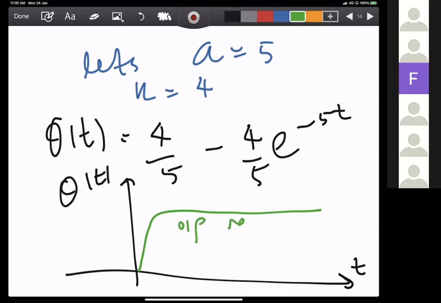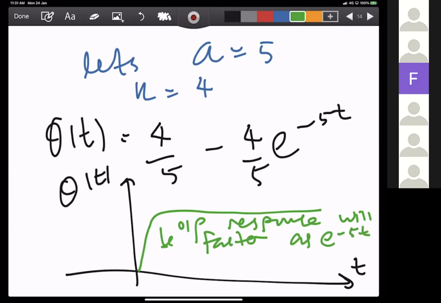So output response will be faster as exponent minus 5t converges to 0 faster. Okay.